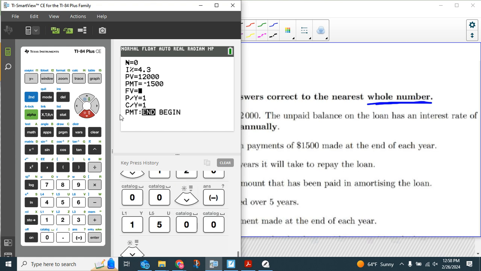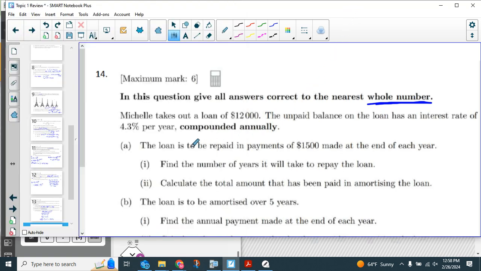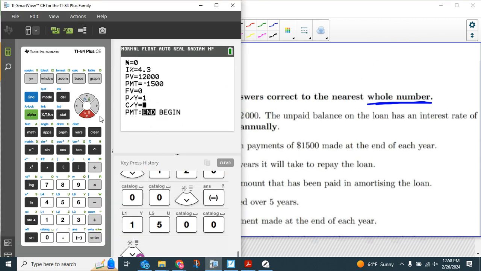The future value, we definitely want to be 0. Payments per year, 1. Compounded annually, so the compounding periods per year is also 1. And it says that the payments will be made at the end of each year, so we leave that as end.